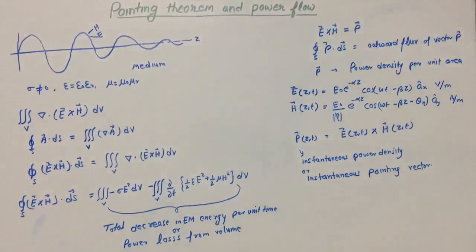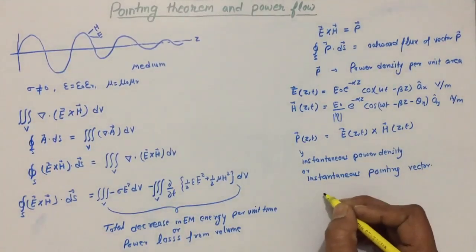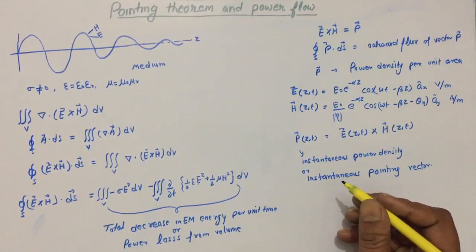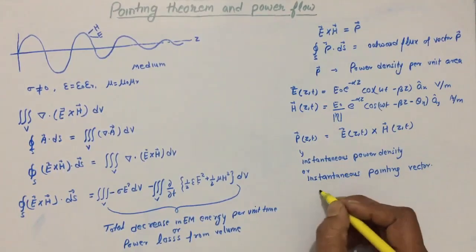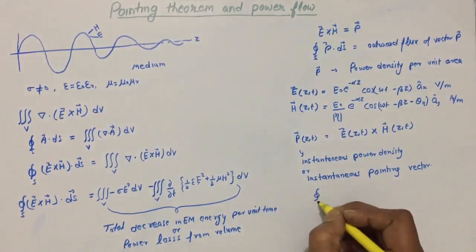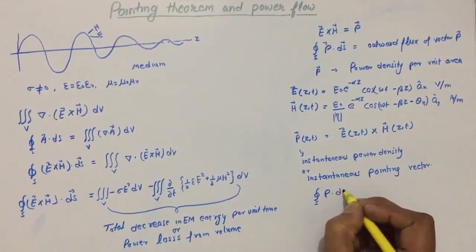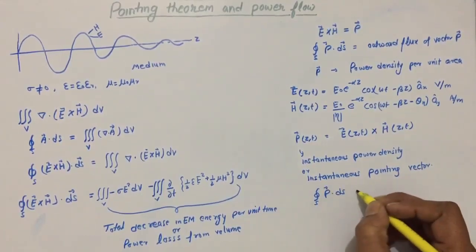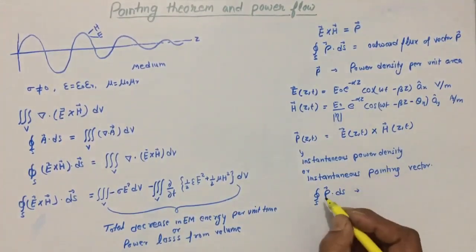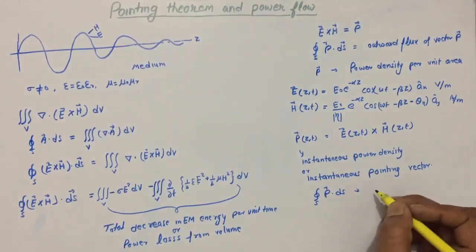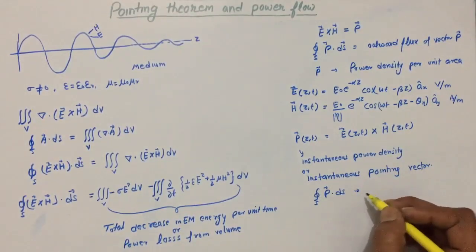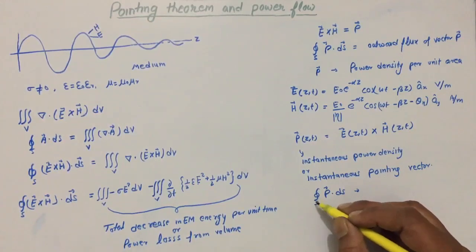Okay, so if we have a closed surface like that, then it is the instantaneous power through a closed surface.